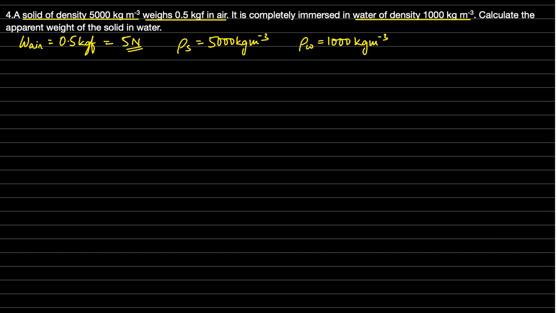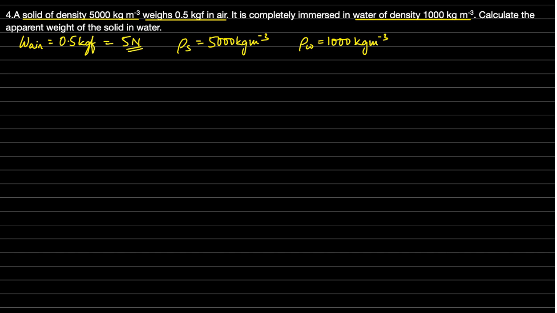So for this we would have to find the upthrust. For finding upthrust we would be needing volume. Now how do we find the volume? Since we know the weight, we can find the mass from there.